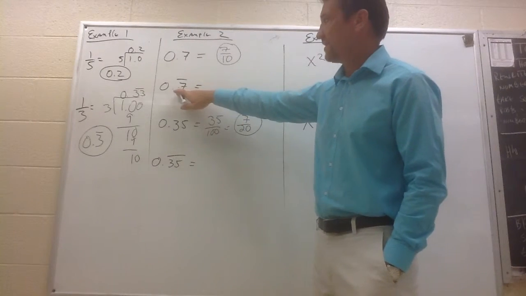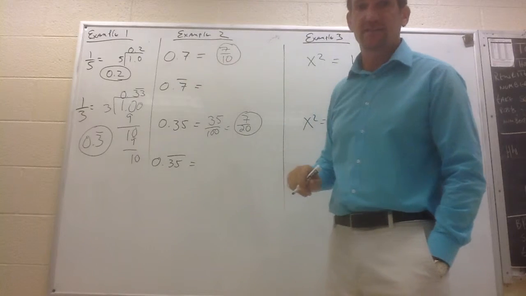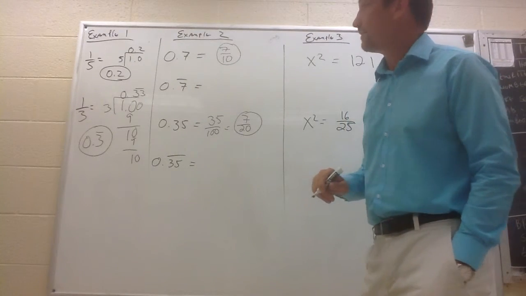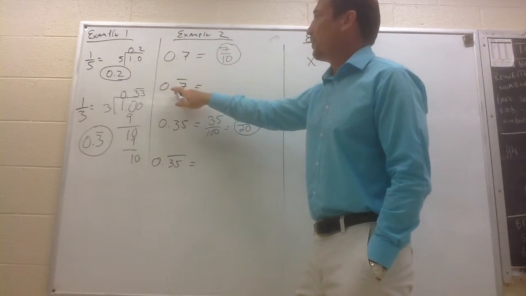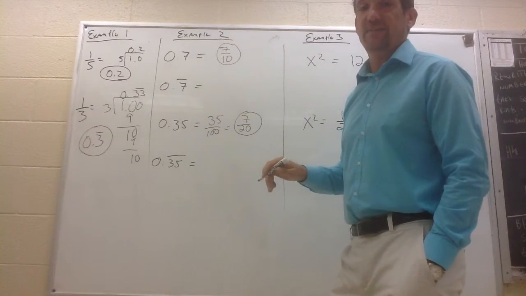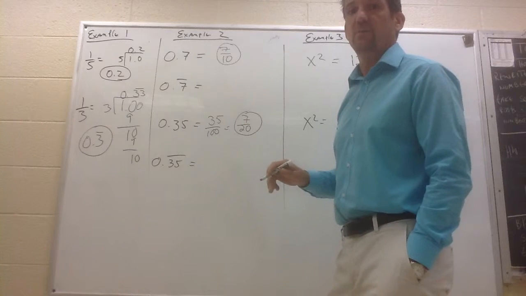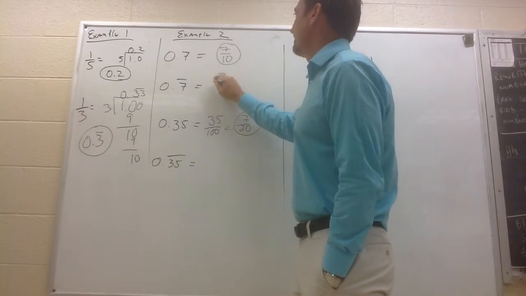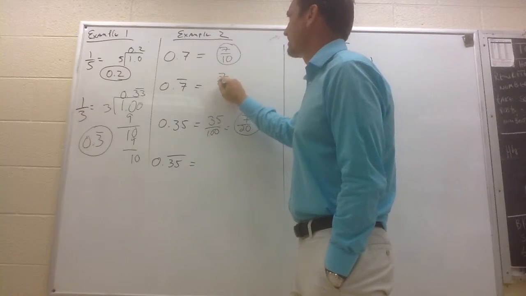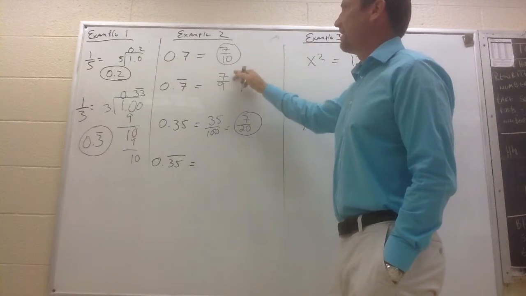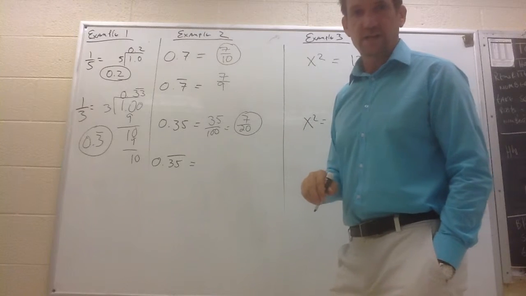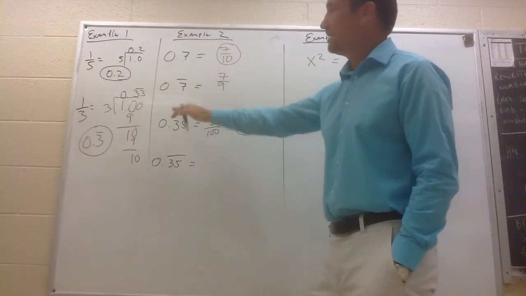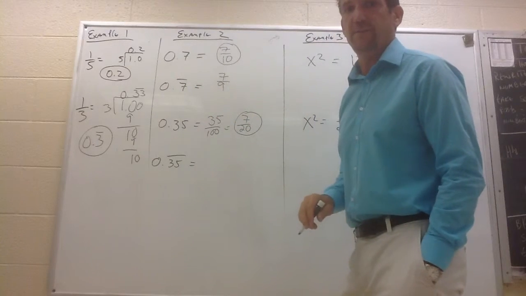For instance, if this was not repeating, it would be 7/10. And you subtract 1 from the denominator. So 0.7 repeating, instead of being 7/10, we subtract 1 from the denominator, and it becomes 7/9. And if you check that with a calculator, 7 divided by 9, it's going to give you 0.7 repeating.